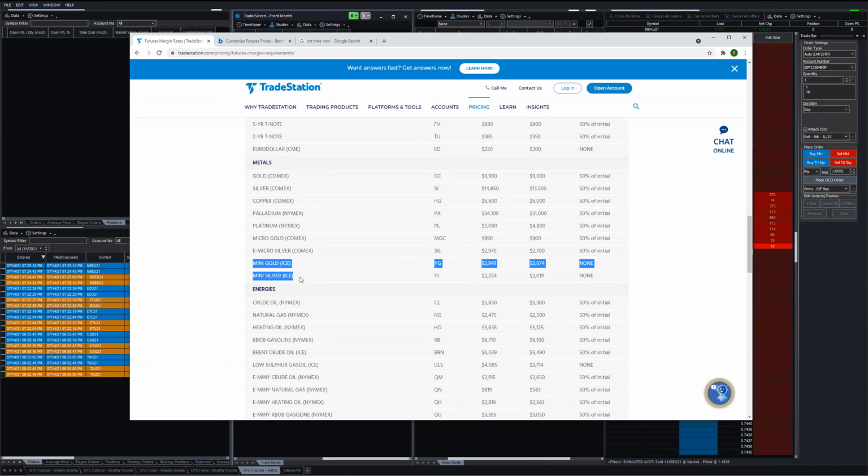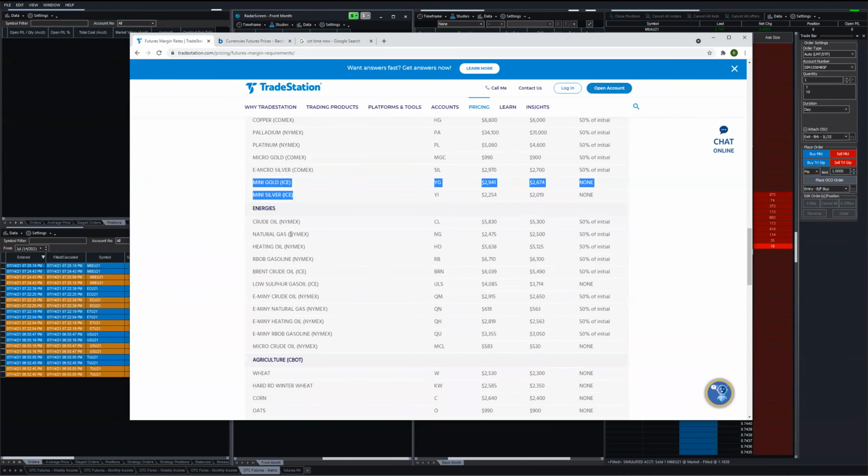The minis you cannot use because the minis are ICE for now, right? And then we have the energies, crude oil, natural gas. And then they are really interesting as well. Heating oil, gasoline, Brent, we cannot, it's ICE, low sulfur, gasoline, who cares, ICE. And then we have the E-mini crude oil, natural gas, heating oil.